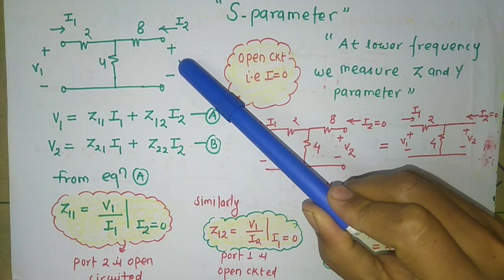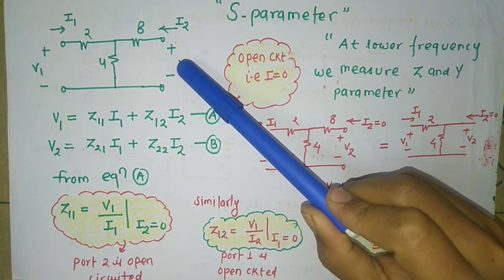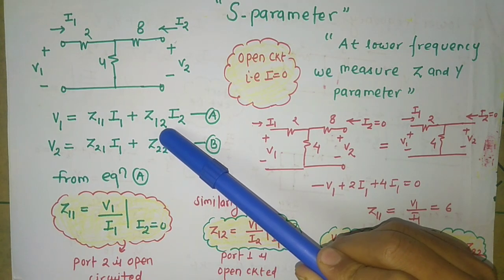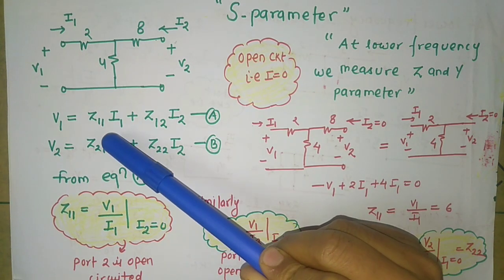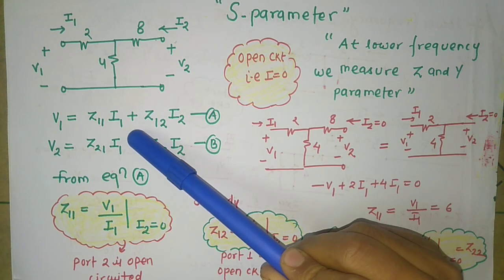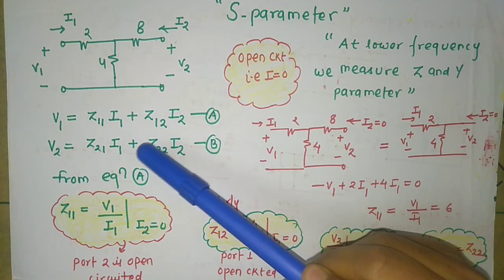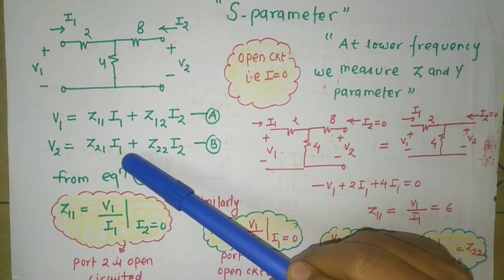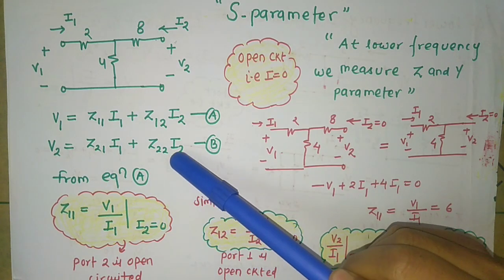If we want to calculate the Z parameter, how do we write the equation? You have studied this already in circuit theory. V1 equals Z11 I1 plus Z12 I2, and the second equation will be V2 equals Z12 I1 plus Z22 I2.